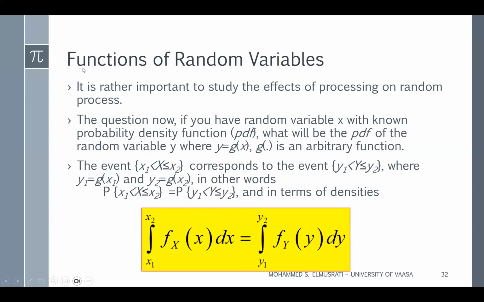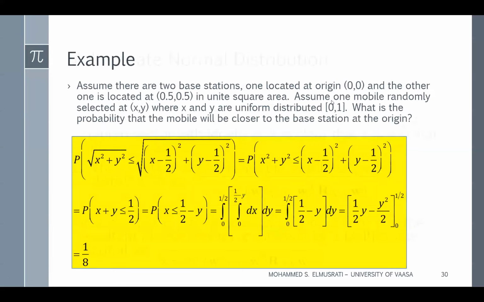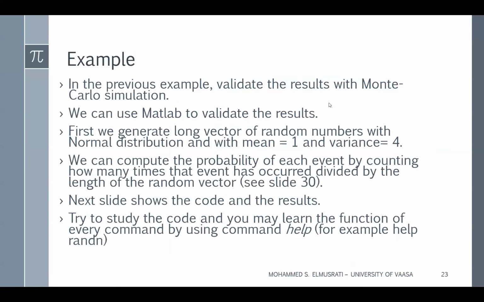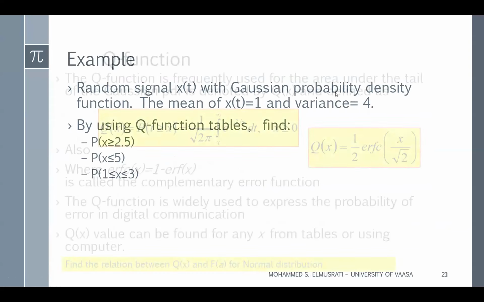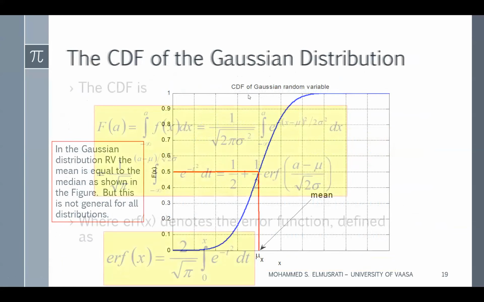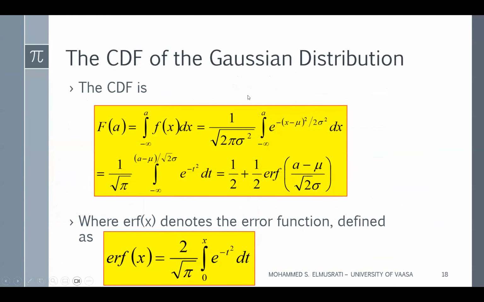Actually, I will postpone this to the next lecture. I will not go to the function distribution, but I will end this lecture today with this Q function, or actually this normal distribution. Together, we will try to evaluate the CDF of this distribution.